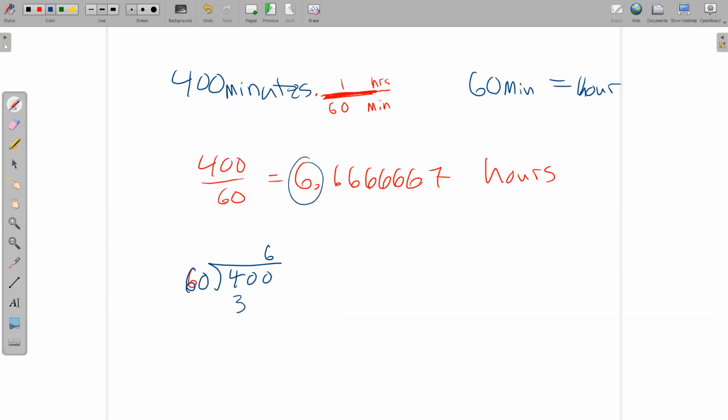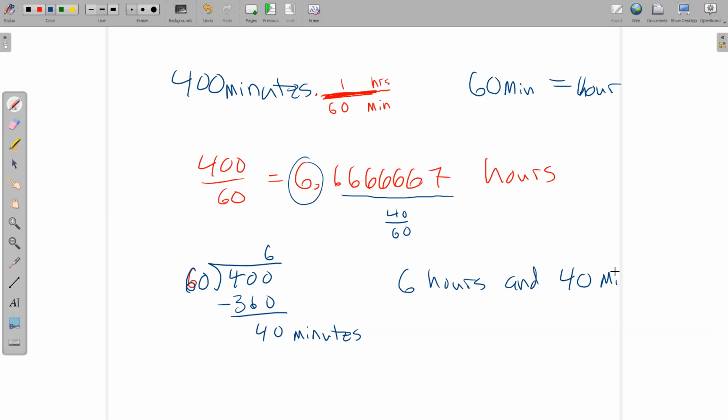Subtract, and that gives me what? 40 remainder. So this remainder here is the number of extra minutes. Just to check, if you took 40 divided by 60, you should get that 0.66666. So I would say then 6 hours and 40 minutes.